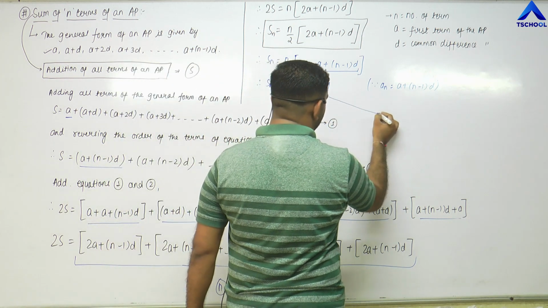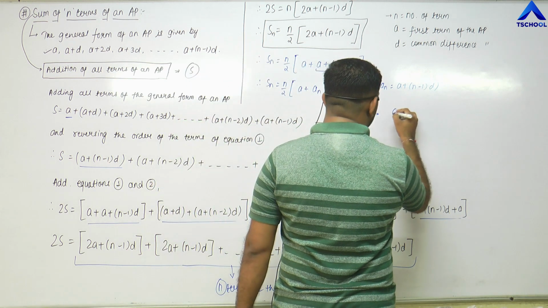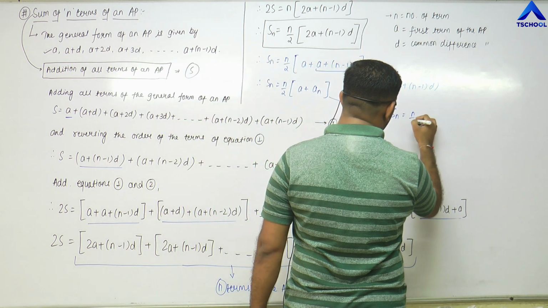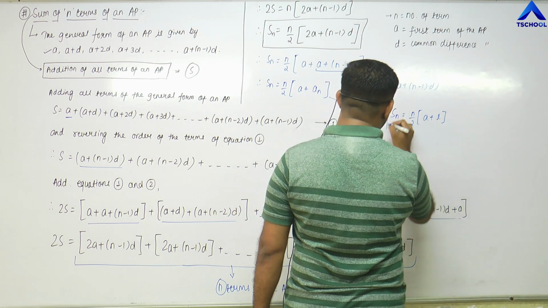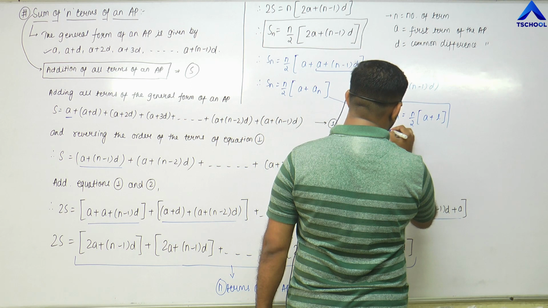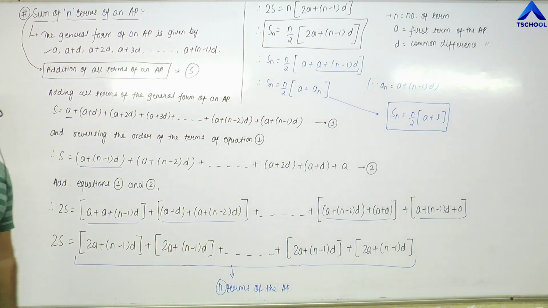But we also know that an can be written as L, so you can also write Sn equals n by 2 into a plus L. This is the second formula to find out the sum of first n terms of an arithmetic progression.